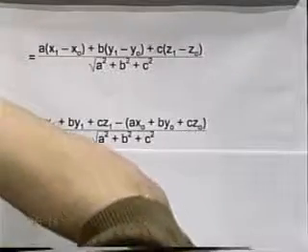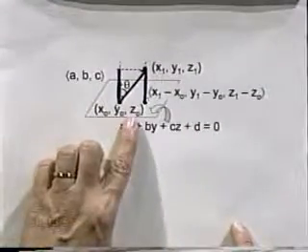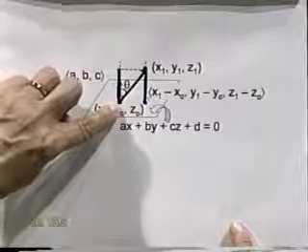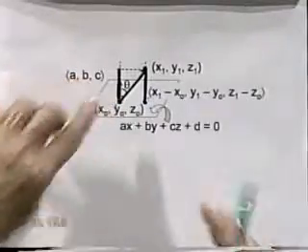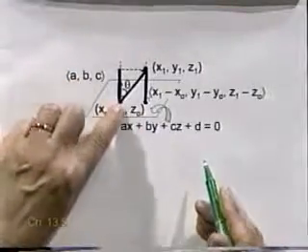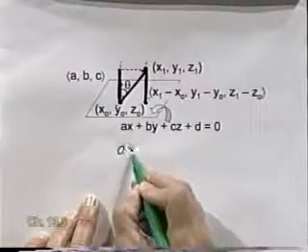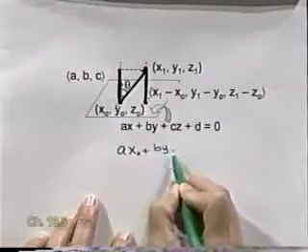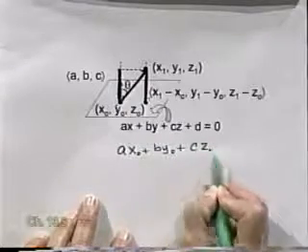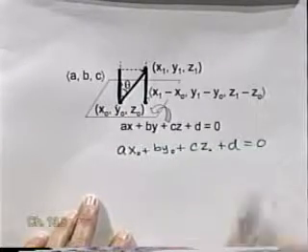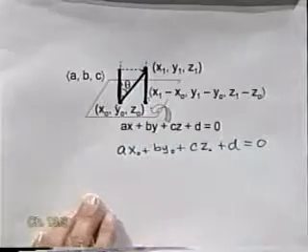But going back to the original picture, x naught, y naught, z naught is a point on the plane. So since x naught, y naught, z naught is a point on the plane, it satisfies this equation, which gives me A times x naught plus B times y naught plus C times z naught plus D is equal to 0, because it's a point on the plane.